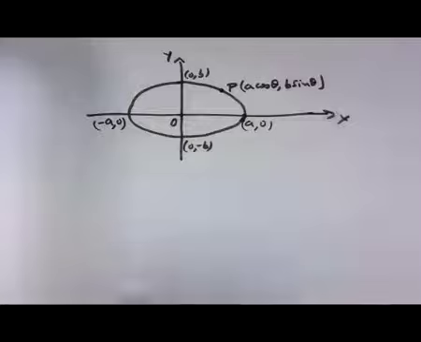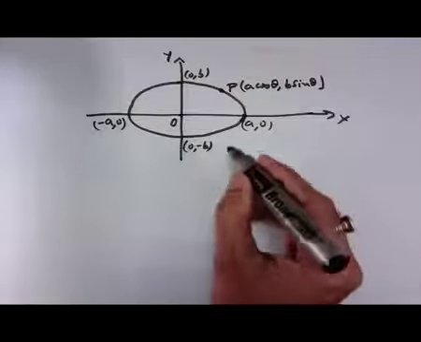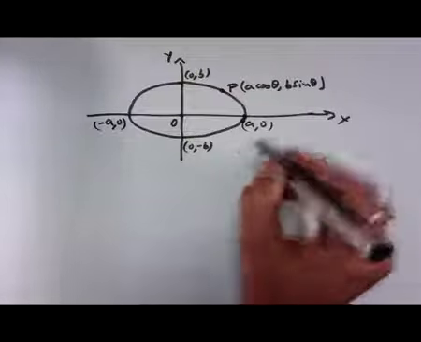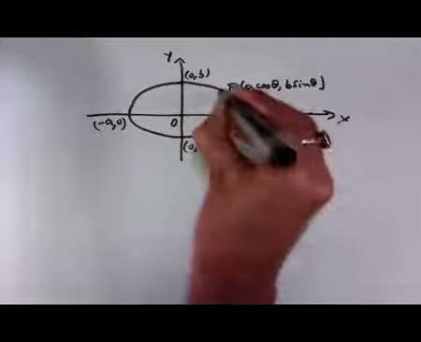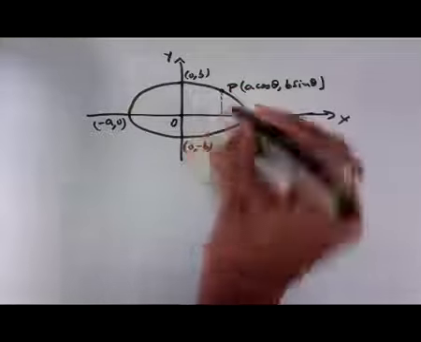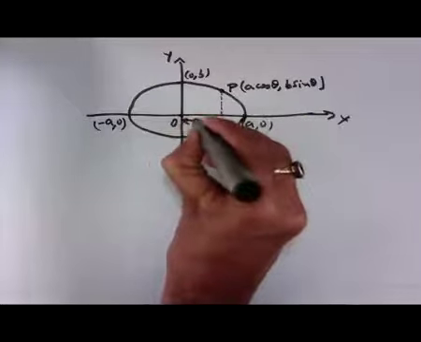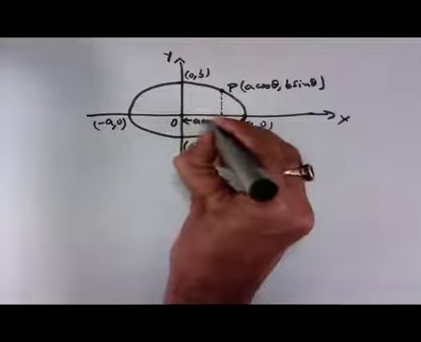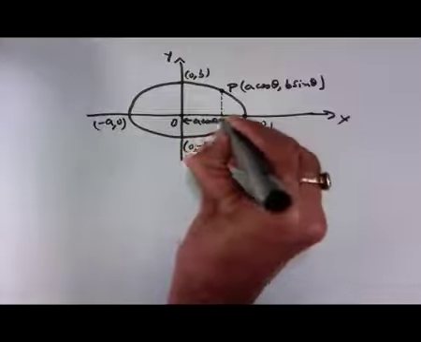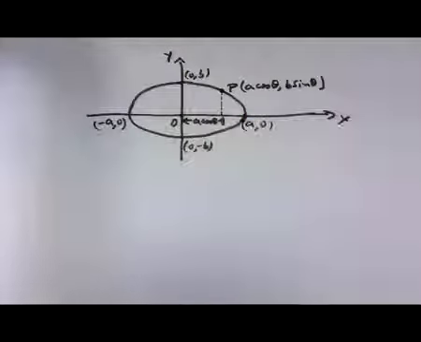And where do we see this angle theta in the picture? Now, the x coordinate of the point is a cos theta. So, this length is a cos theta.